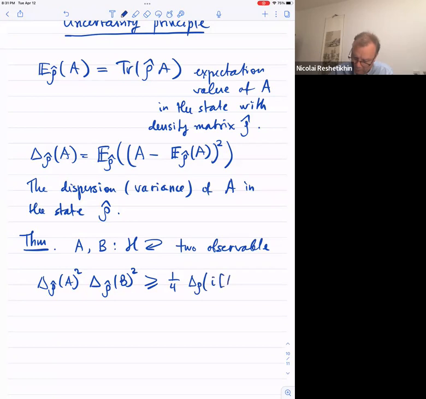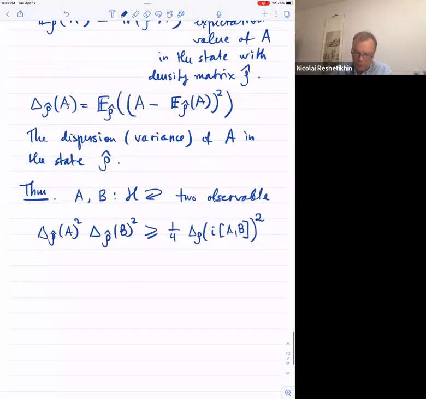You see, if A and B are Hermitian, the commutator of A and B is anti-Hermitian. But if you multiply it by i, it's Hermitian again. And so I take this Hermitian operator.